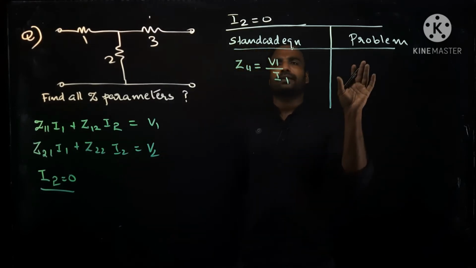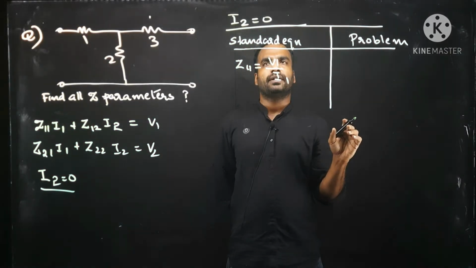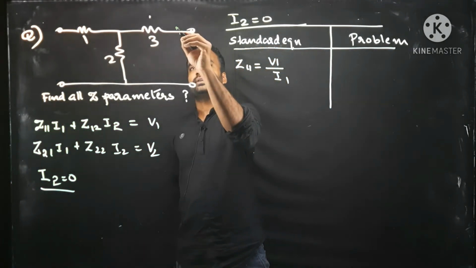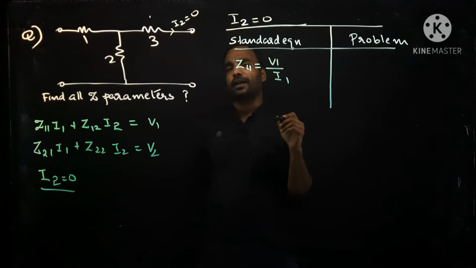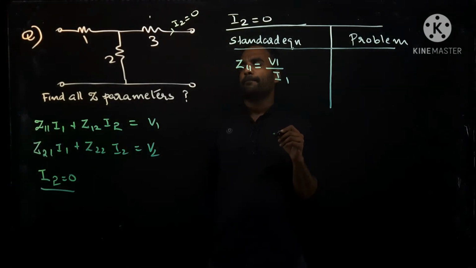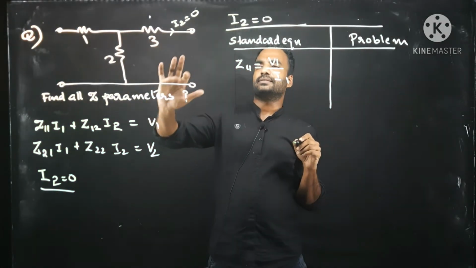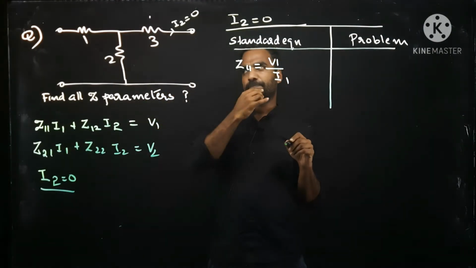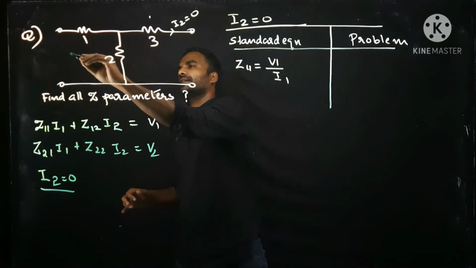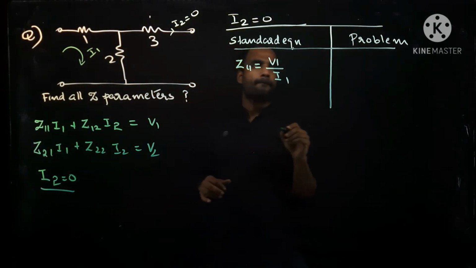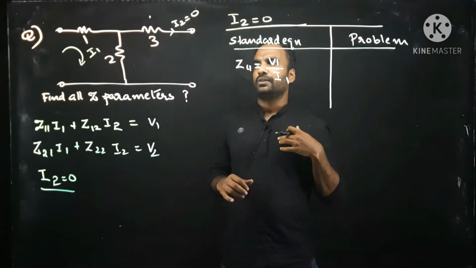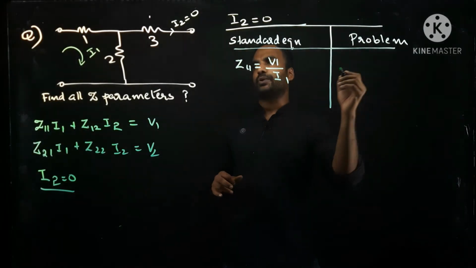On the other side, in this problem, if you are taking I2 equal to 0, then what happened? No current will be passing in this loop. So the one and only current will be I1. So what will be the equation?